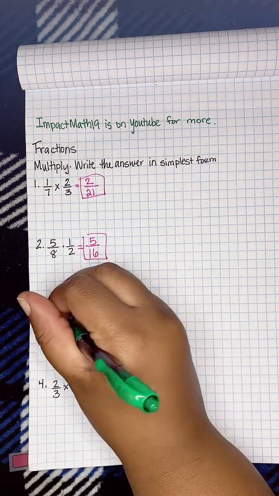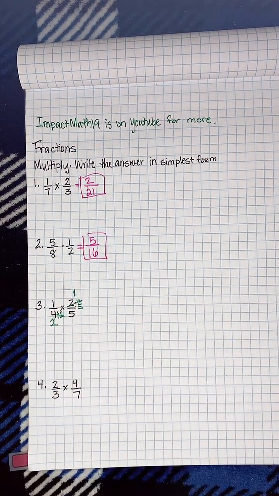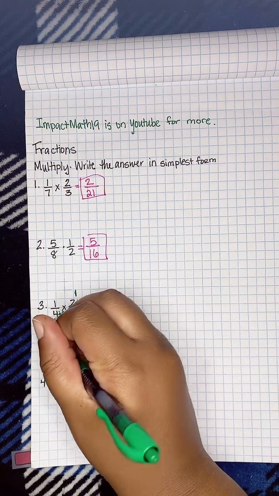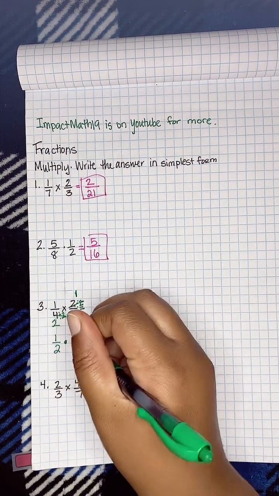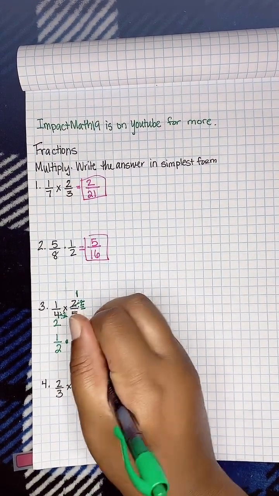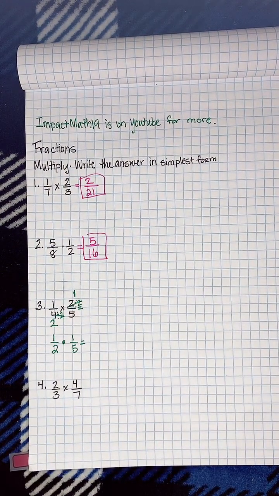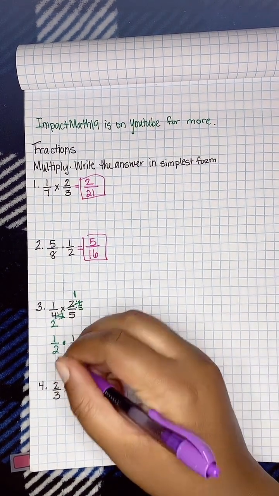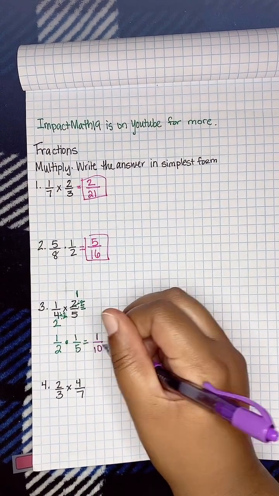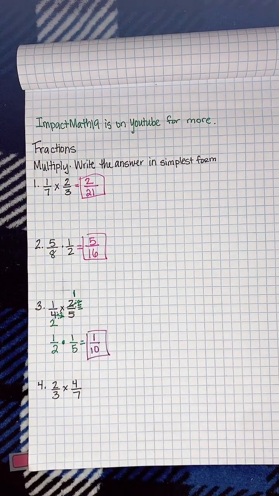And 4 divided by 2 goes 2. So now what we really have is 1/2 times 1/5. Okay. And then 1 times 1 is 1. And 2 times 5 is 10. So we get 1/10.